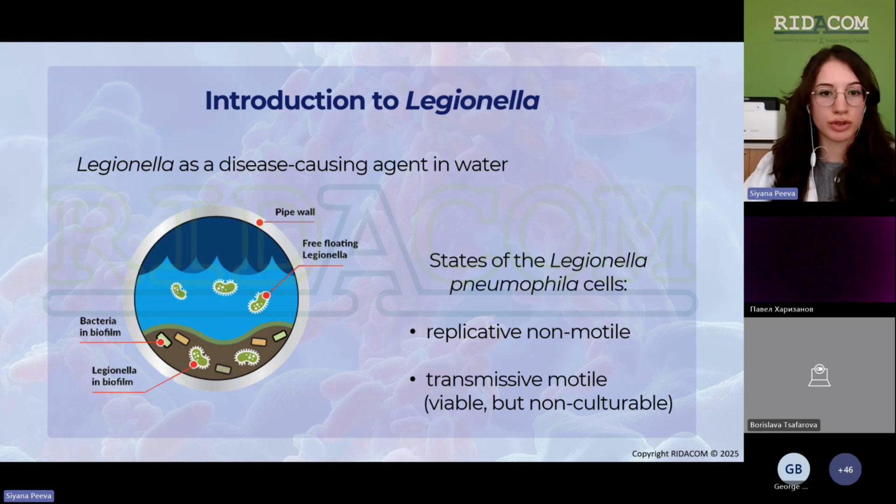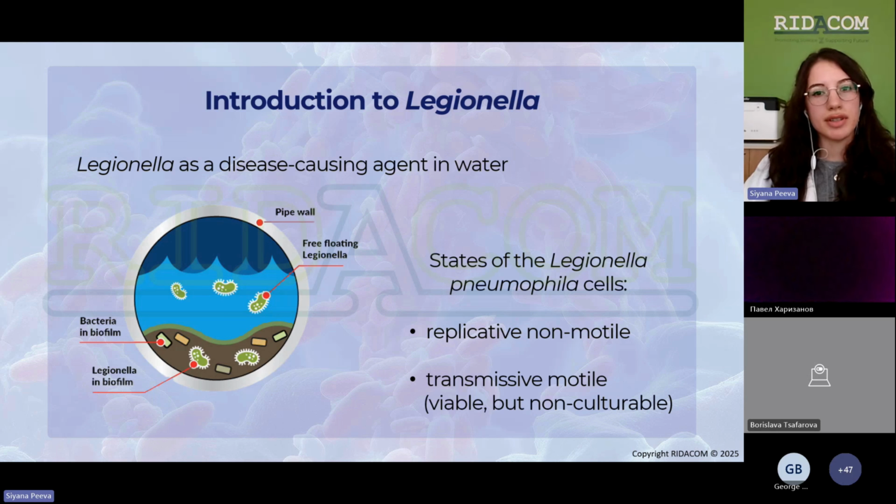Legionella thrives in water, it lives in water, and they're intracellular parasites of freshwater protozoa. And they also use the same mechanism to proliferate in mammalian cells, especially in our respiratory system and in the macrophages, which are in our alveoli.